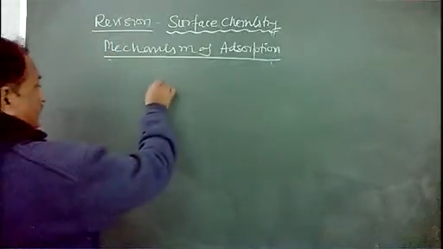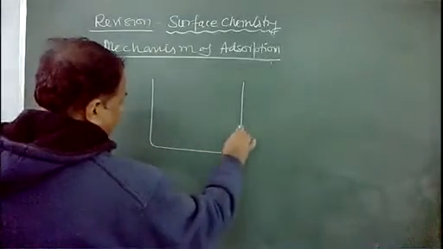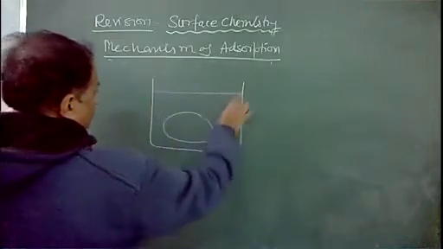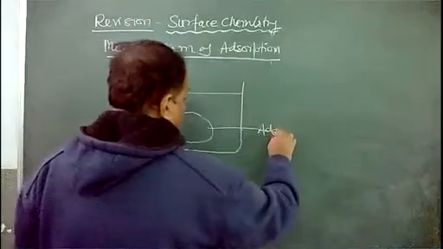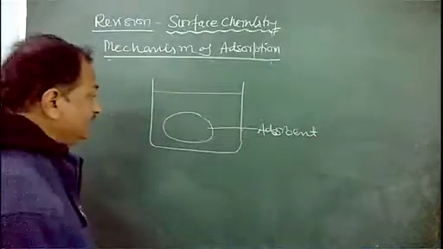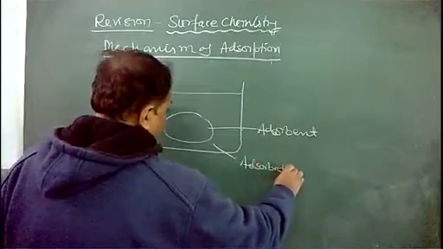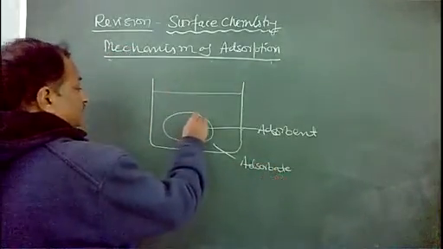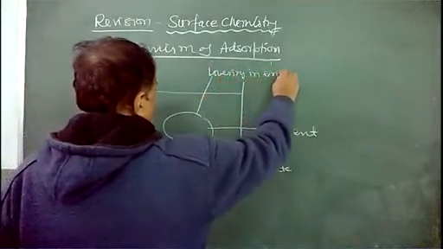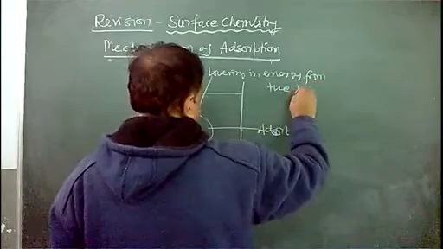Now I am going to demonstrate how it happens. So here if you take a system, this is the adsorbent, and here we have the adsorbate. So first there is the lowering in energy from the surface.